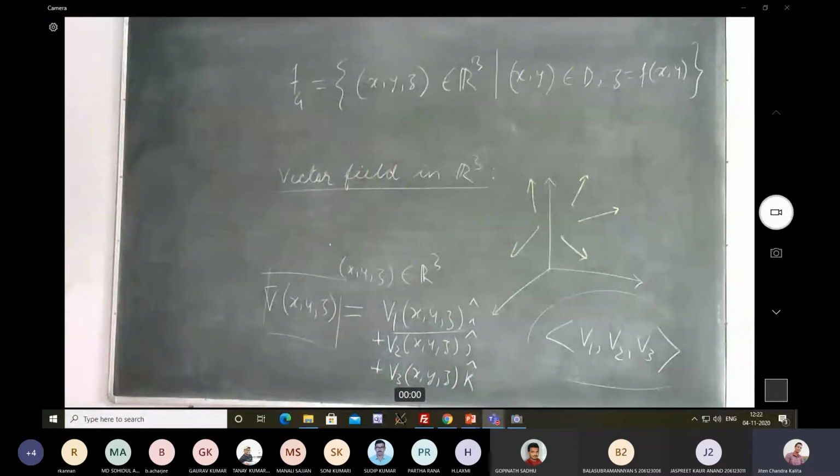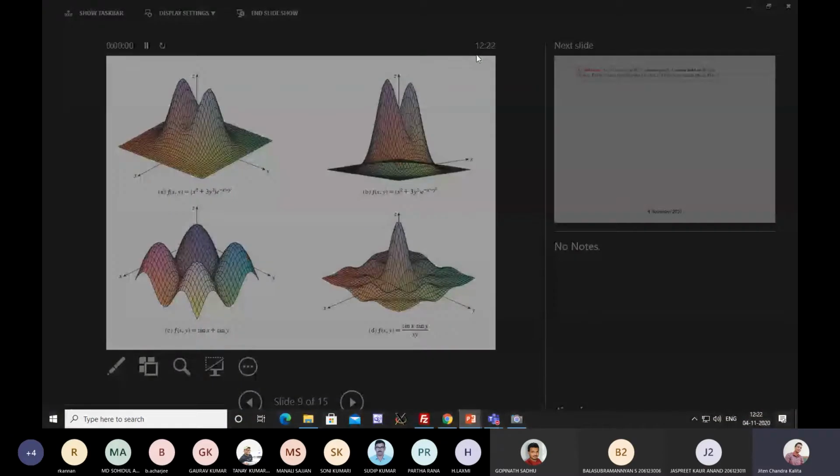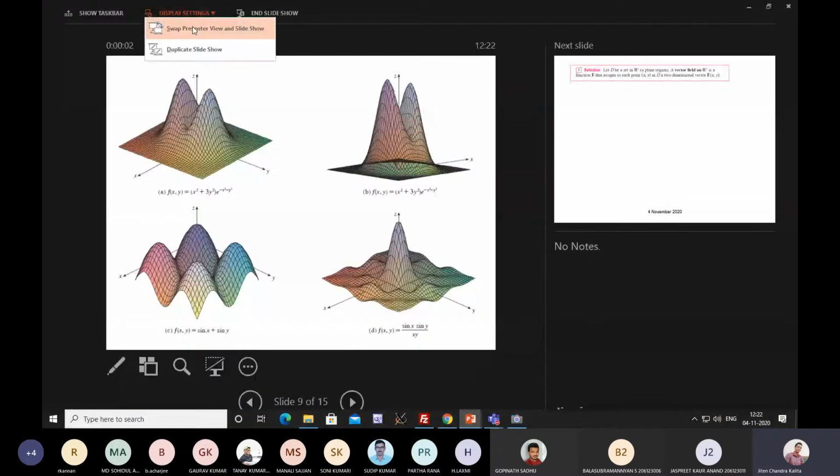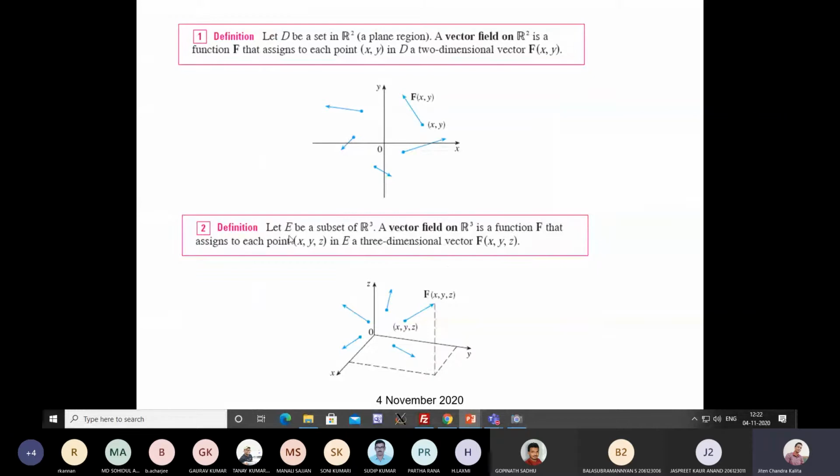Like I can show you some pictures of vector fields. Let E be a subset of R3; a vector field on R3 is a function F that assigns to each point (x, y, z) in E. Here I was defining the vector field in R3, but they are defining it on a subset of R3.